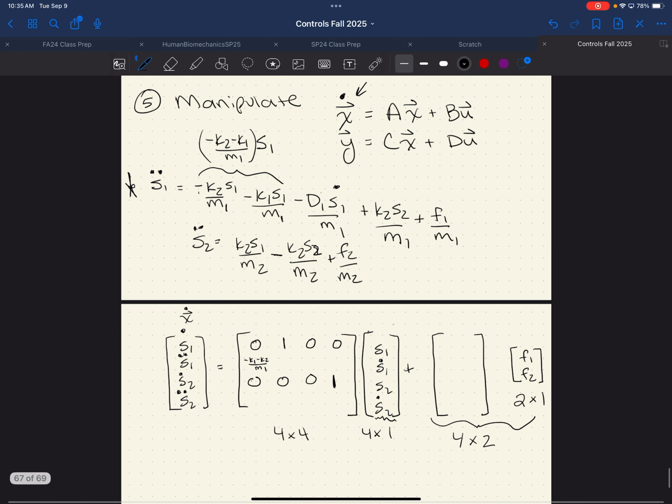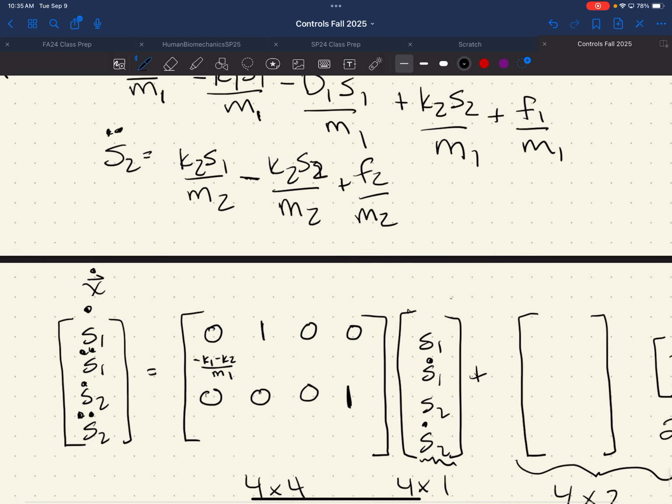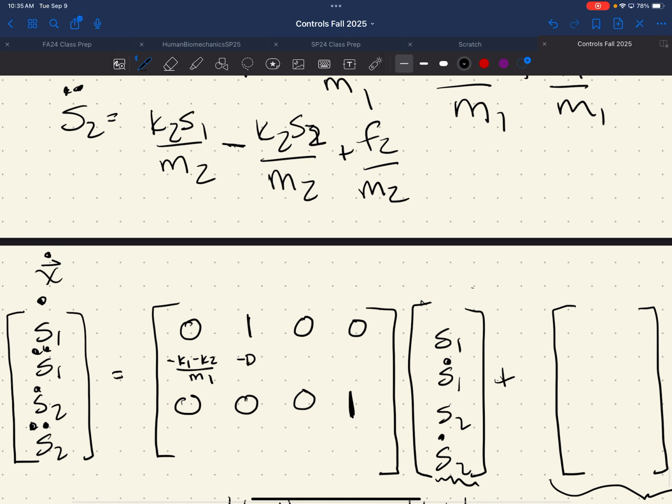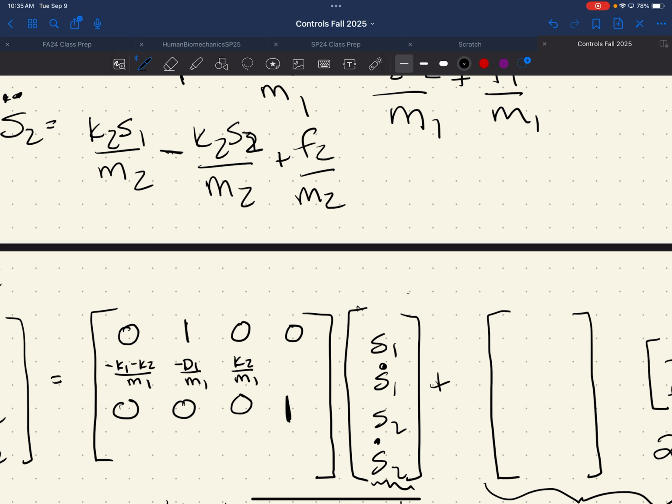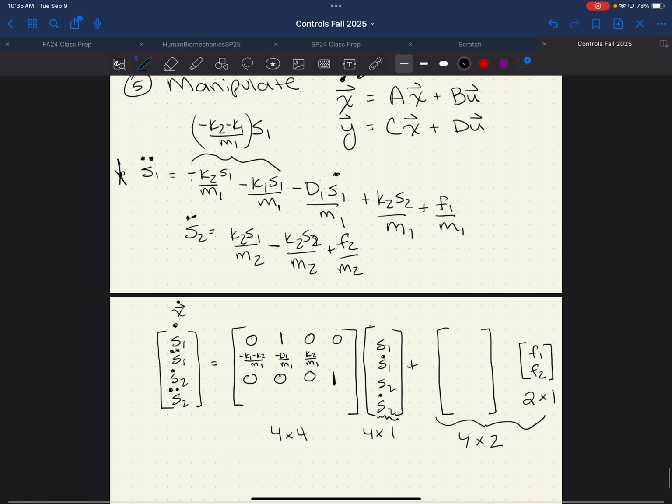Okay, what multiplies S1 dot? D1 over M1. Good. Minus D1 over M1. What multiplies S2? Positive K2 over M1. Well, what multiplies S2 dot? What goes here? 0. Very good.